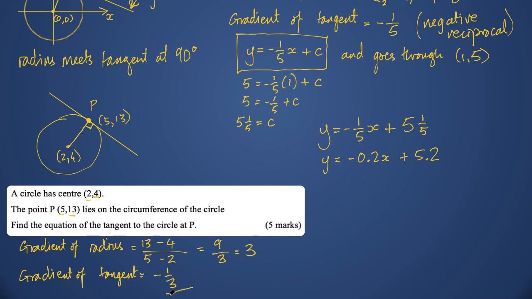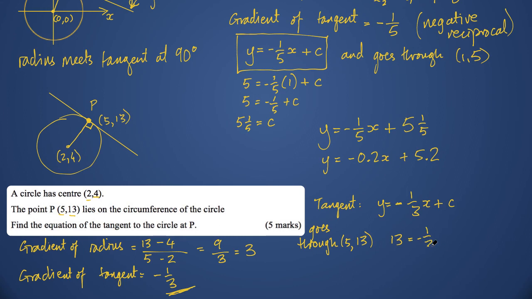So knowing that the gradient of that line is minus 1/3, that tells me that the tangent equation takes the form y equals minus 1/3 of x plus c, which I haven't worked out yet, but I also know that the tangent goes through the point (5, 13). And that again tells me that I can substitute 13 in for y.